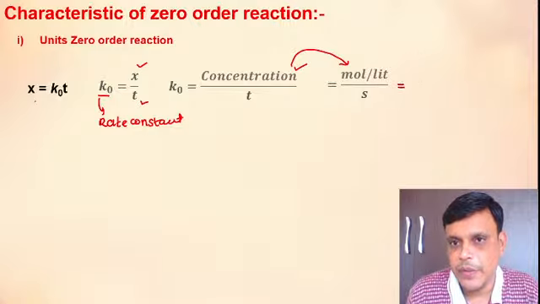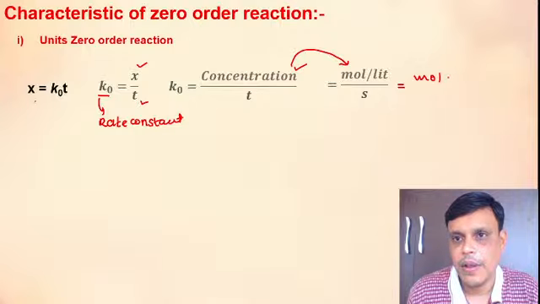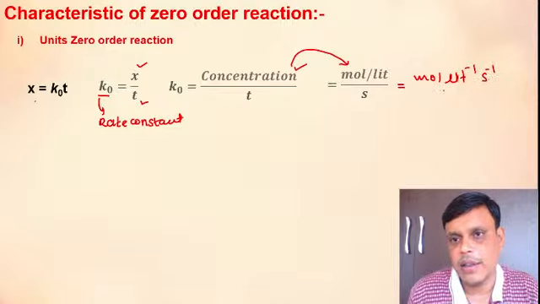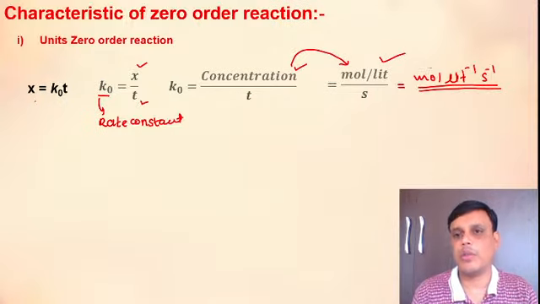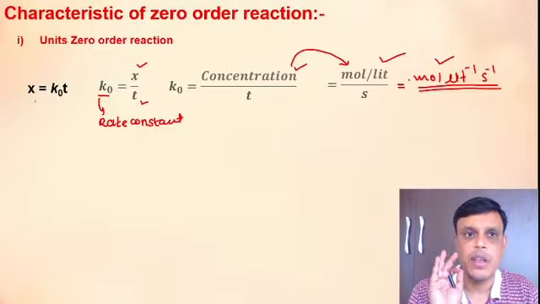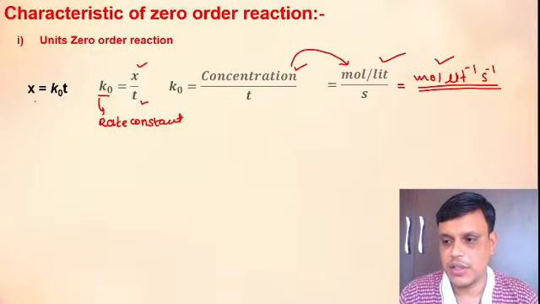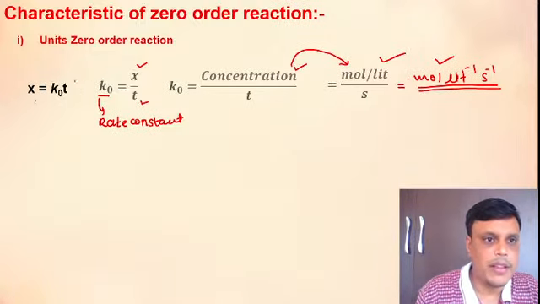What is the unit? Here I will write moles per liter per second. This is the unit for zero order reaction. So this is the first characteristic of zero order reactions. How have we derived it? We have taken the integrated rate law for zero order reaction, x is equal to k0 into t.